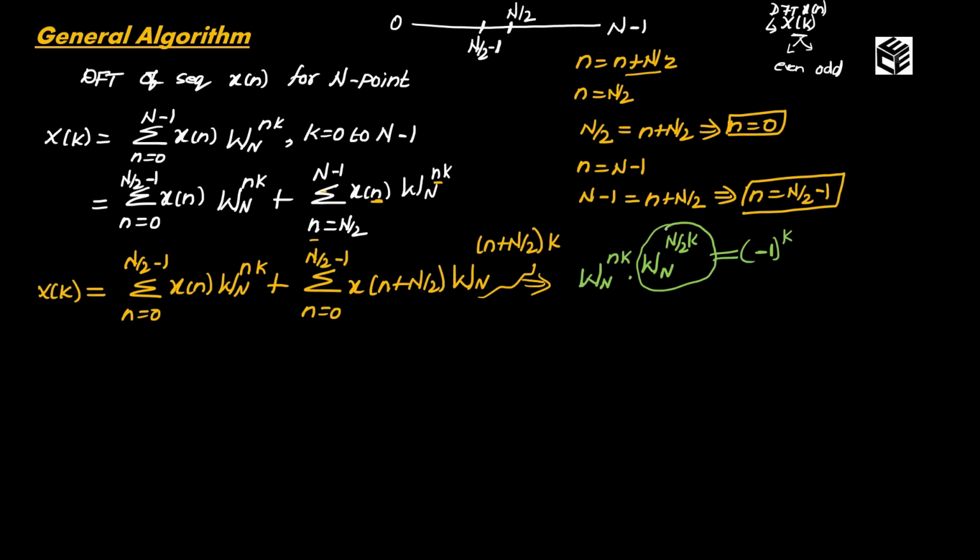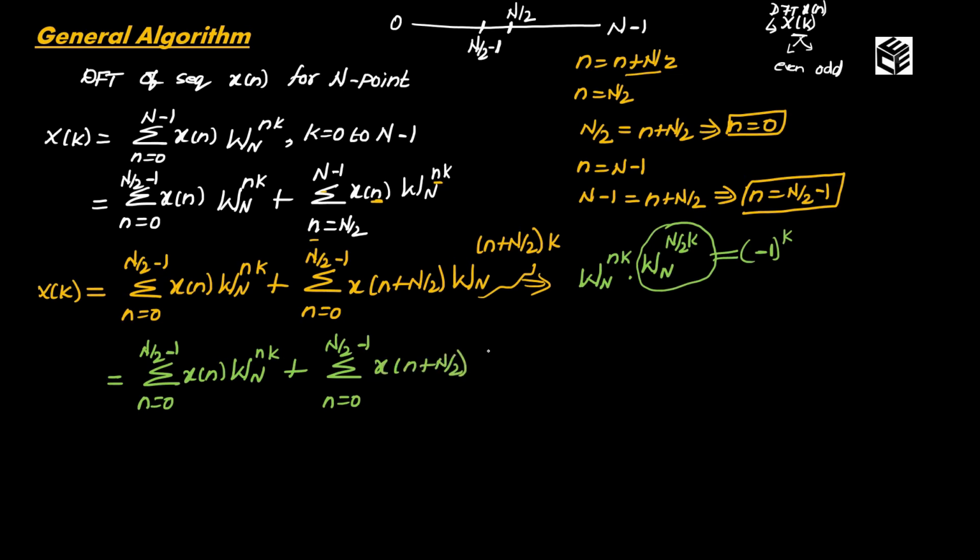So I am going to replace W_N^{(N/2)k} as (-1)^k. Correct. So this can be written as summation n = 0 to N/2 - 1 of x(n) W_N^{nk} plus summation n = 0 to N/2 - 1 of x(n + N/2).